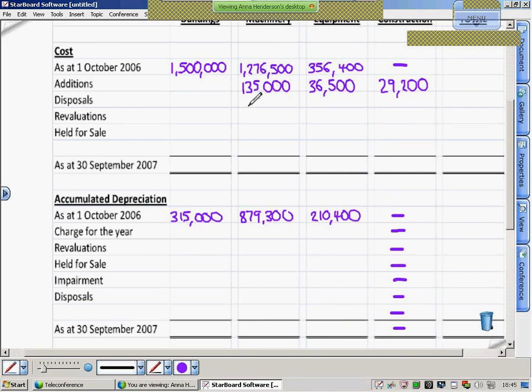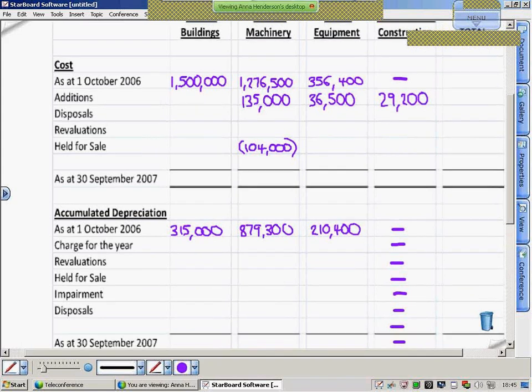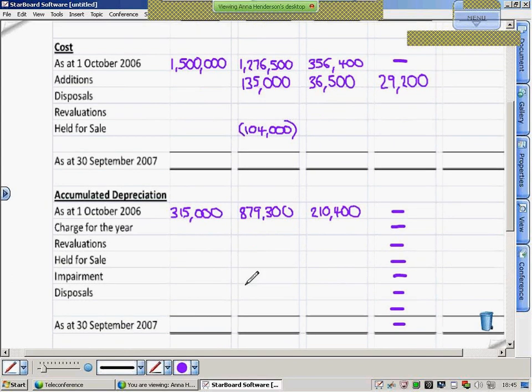We deduct the machinery to go through the held for sale column, because essentially we were told in the question that on the 1st of October it was held for sale. So it's going in the held for sale column and the depreciation on it is going out.